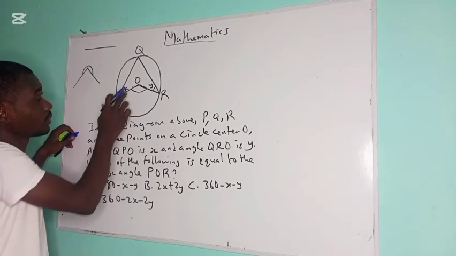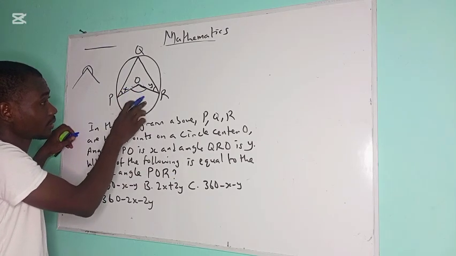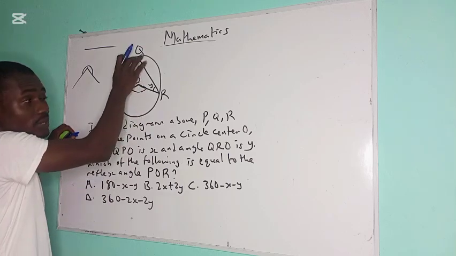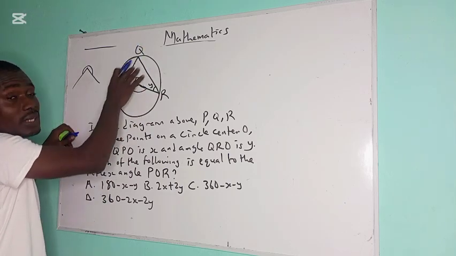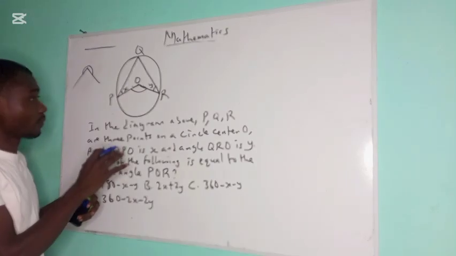What do they mean by the angle at the center here? The arc subtended at the center is two times the one subtended at the circumference of the circle.